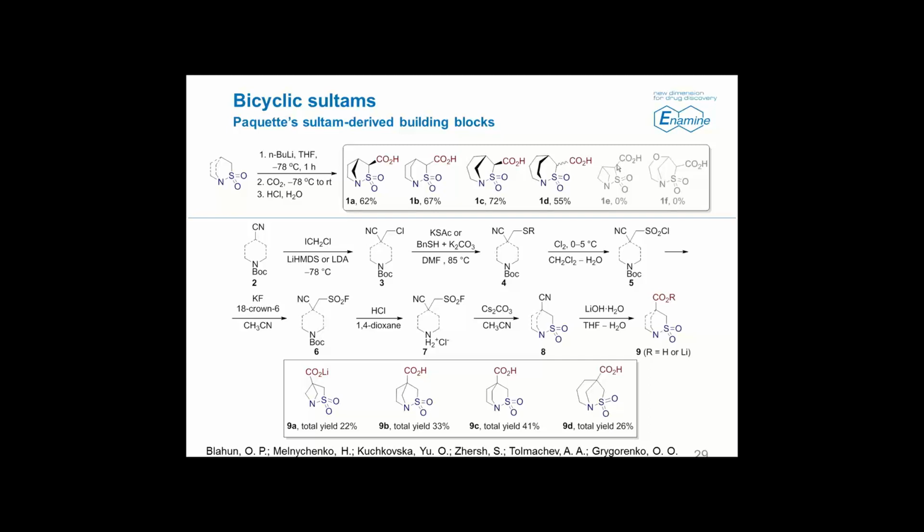The most strained Paquette sultam did not undergo this reaction well, and ring opening of this bicyclic system unfortunately occurred. For compound 1F, the reaction did not work either due to beta elimination, but all other carboxylic acids were obtained. Some of them were obtained as single diastereomers, others were not. So these compounds can be used to introduce the corresponding bicyclic structures into potential drug molecules.